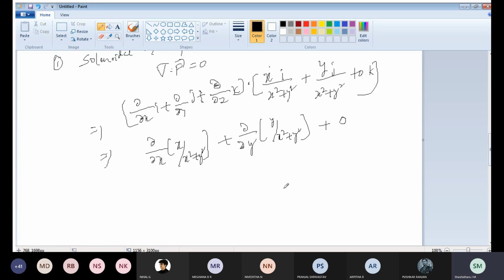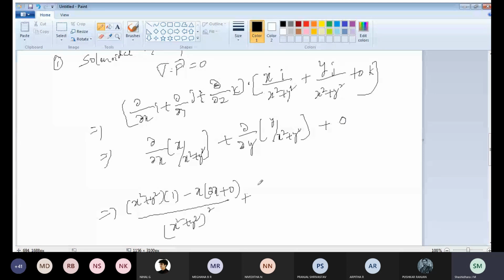Then let us differentiate the first one with respect to x and the second one with respect to y. Here in the first term we have to apply the quotient rule, and in the second term also. I think you know what the quotient rule is, the u by v rule. Denominator into differentiation of numerator: x becomes 1, then minus numerator into differentiation of denominator, x square is 2x, y square is 0 because with respect to x, y is constant, divided by denominator square.